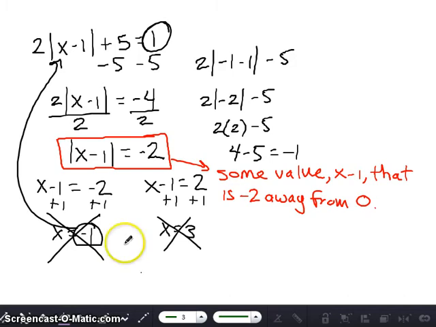And that's impossible, because if we're thinking about away from 0, that's talking about a distance. We can't have negative distance. You can't travel -2 feet away from something. You travel 2 feet away from something. So anytime you have an absolute value set equal to a negative number, we're going to have no solution.